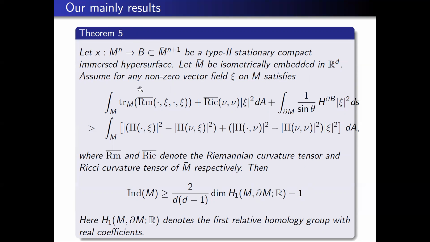Assume for any non-zero vector field psi on M satisfy these two strict inequalities. Then we have the Morse index lower bound, and here H1(M, boundary M; R) denotes the first relative homology group with real coefficients.